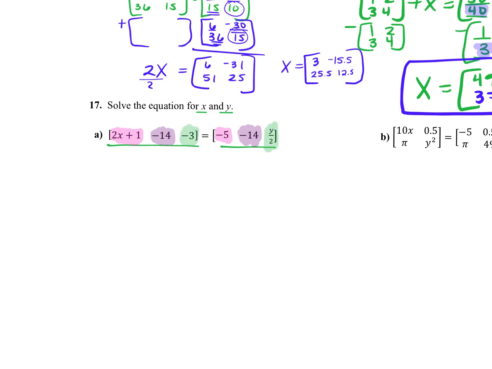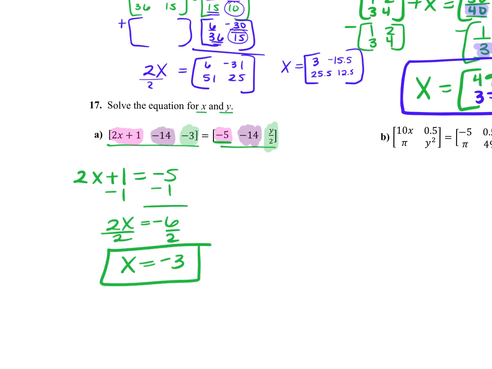So if I'm solving for x, I'm just going to solve the equation 2x plus 1 equals -5. So take away 1, and 2x equals -6, and then divide by 2. So x equals -3.